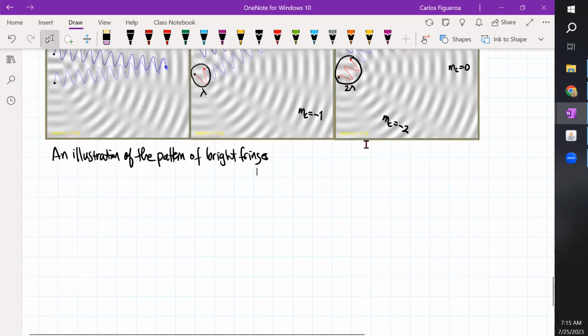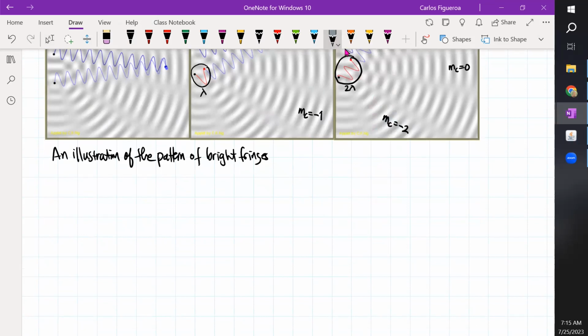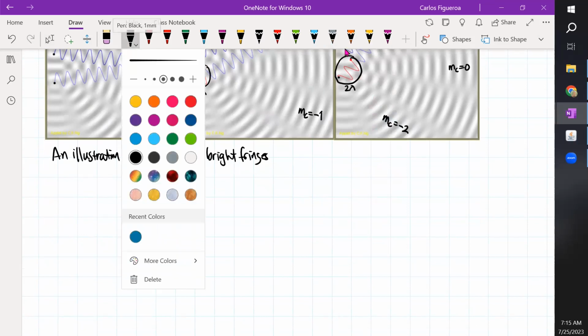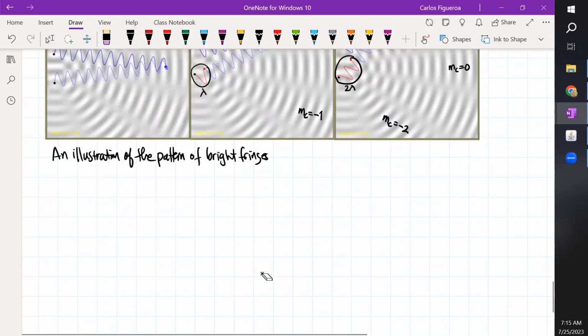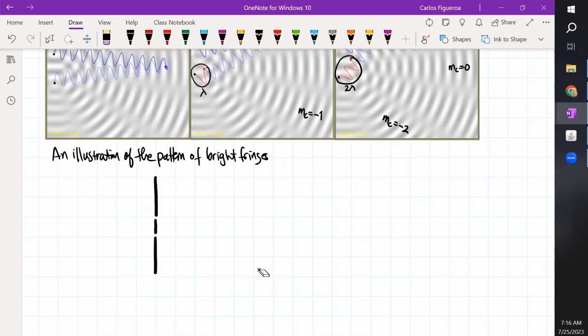So I have a screen. I'm going to make my screen nice and thick. Nope, that's not what I want. Here, let me make this one thicker. So imagine that I have a screen that looks like this. Okay, there's my screen. Now what I'm going to do here is that I have a central line.